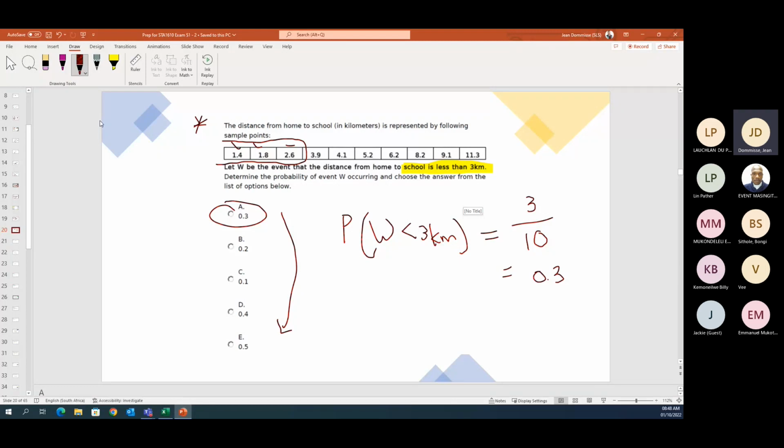They ask us what's the probability, so how many people stay less than 3 kilometers from school. They haven't asked us how far they stay from school. They just ask how many people stay less than 3 kilometers from school.